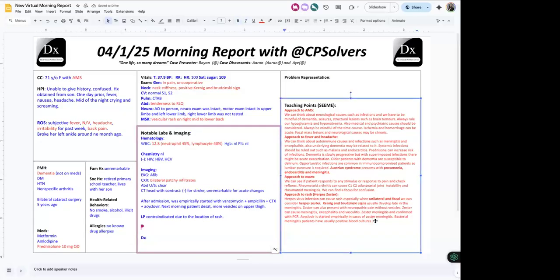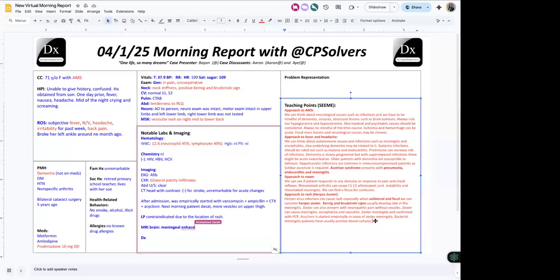And so, given this rapid picture of deterioration, we did transfer her to a larger tertiary hospital for possible further treatment. And over there, they got an MRI that did show meningeal enhancement, and so they confirmed the diagnosis of meningitis.